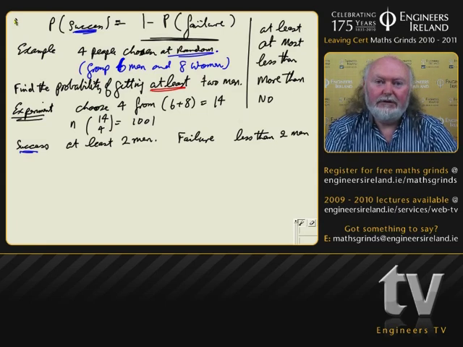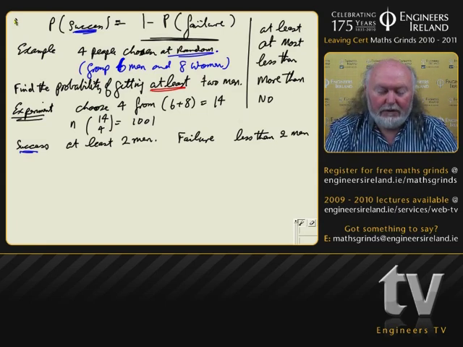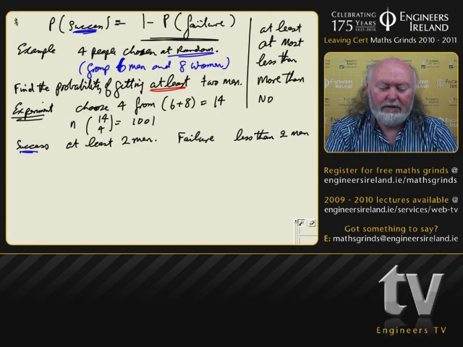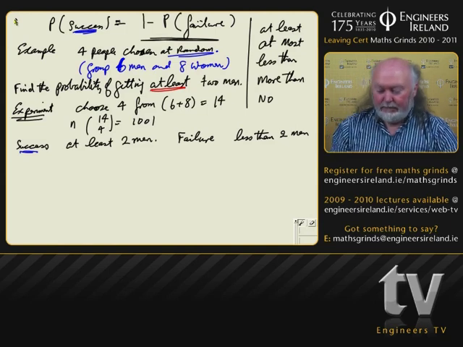And now we have to decide which is going to be the easier path to do, to drive straight just to find what's our successful outcomes, or will it be easier to look at the failure ones and take the probability answer of that away from 1.